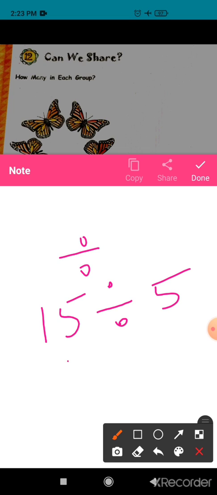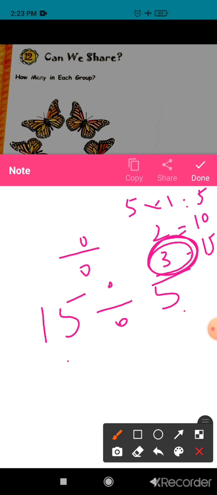Now children, what we will do here, we will read the table of 5. 5 ones are 5, 5 twos are 10, 5 threes are 15. How many times did you read the table? 3 times.